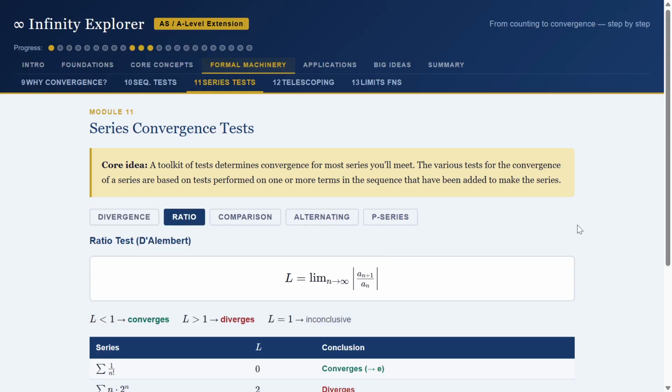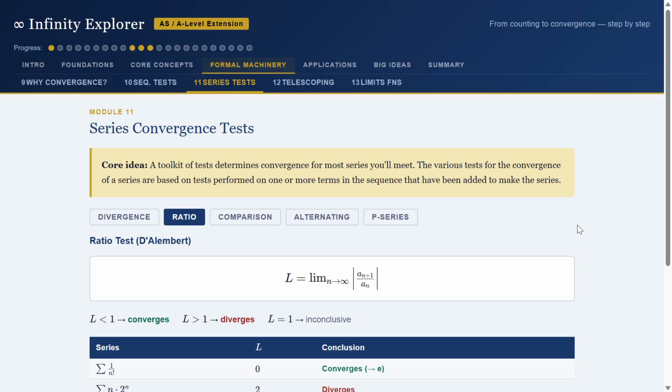The next test is the ratio test. If we take the ratio between successive terms in the sequence, so a term divided by the previous term of the terms that make up the series, we can work out the limit of that ratio as we get more and more terms.